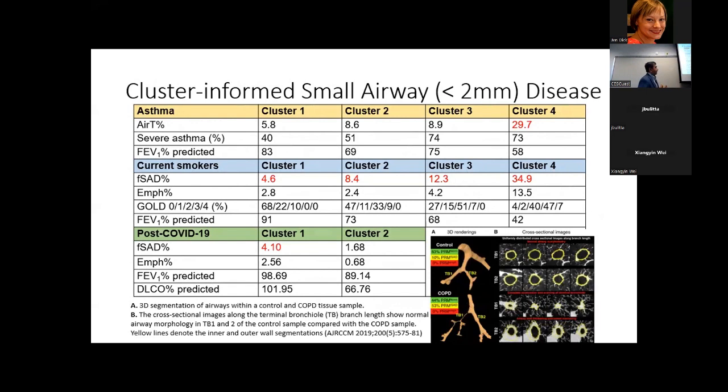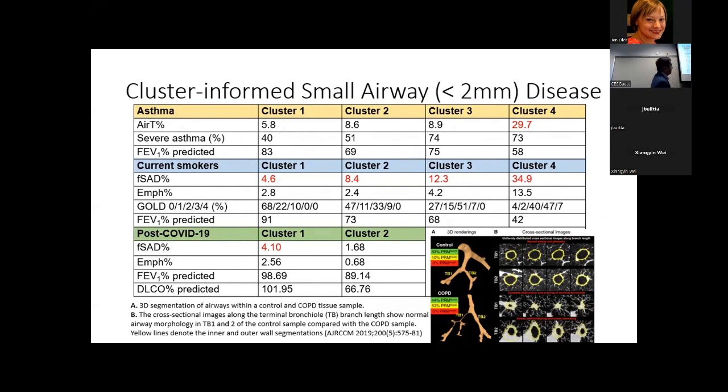To give you an idea, let's look at small airway disease. Small airway by definition means airway diameter is less than 2 millimeters. If you look at the distribution of small airways in the lung, they reach a maximum around generations 6 and 7. Let's look at the lower right-hand corner.